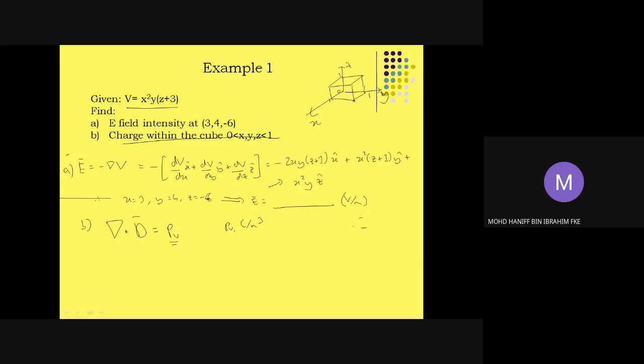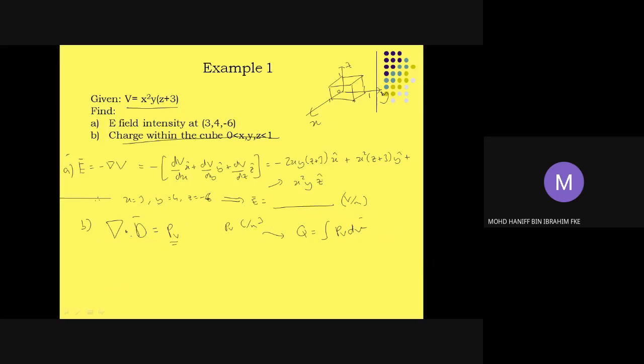And from this rho v information, we can find the charge Q by simply using the integration of rho v dv. So that's the idea. We need to find the divergence of D first, and afterwards we use the rho v obtained and the integration of rho v dv to find the charge. So that's how we solve for the charge within the cube of x, y, z from 0 to 1.